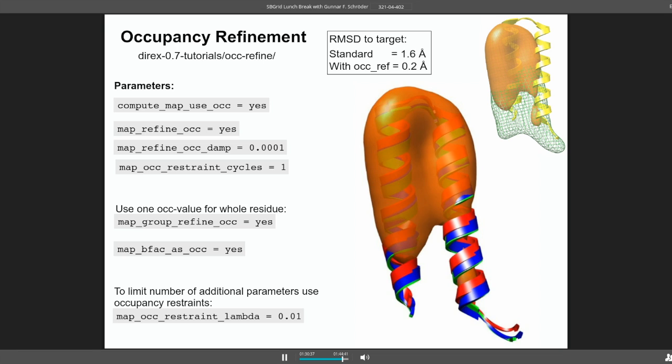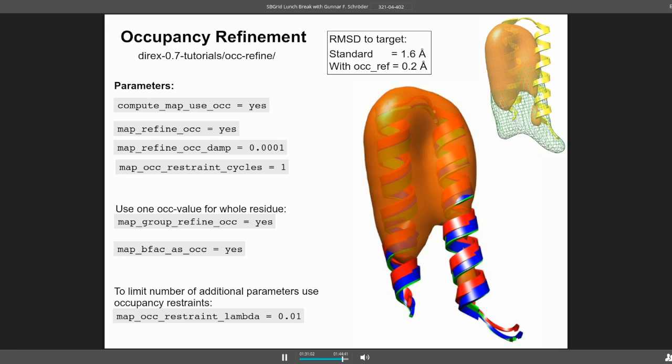So you have group restraints, which means you can scale atoms within one residue the same, so all the atoms within one residue have the same occupancy values. In addition to that, you can also have restraints between neighboring amino acids, so that lowers the number of parameters even further.